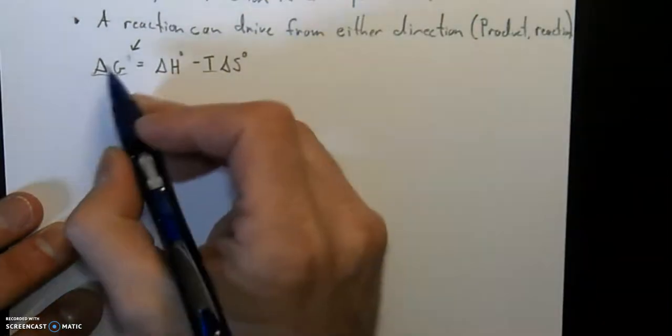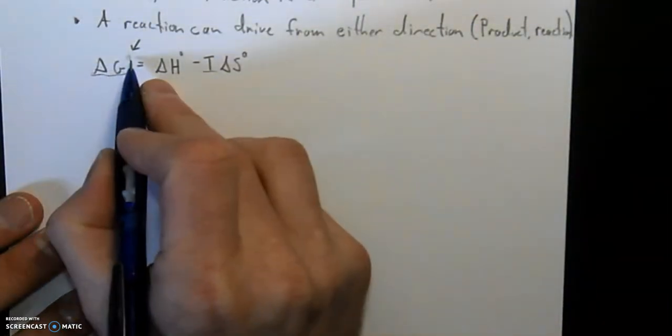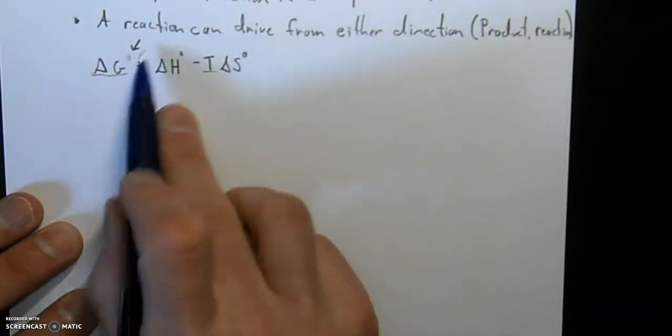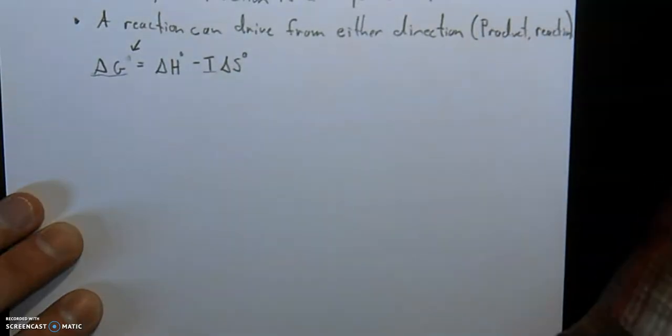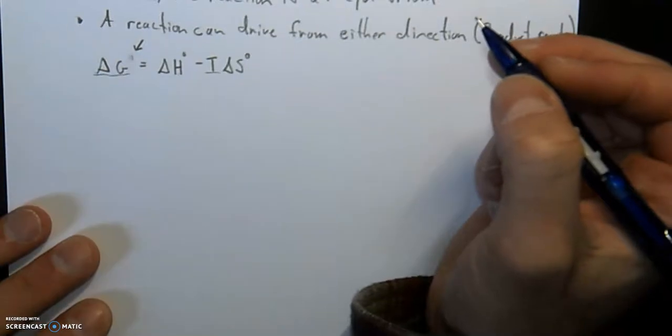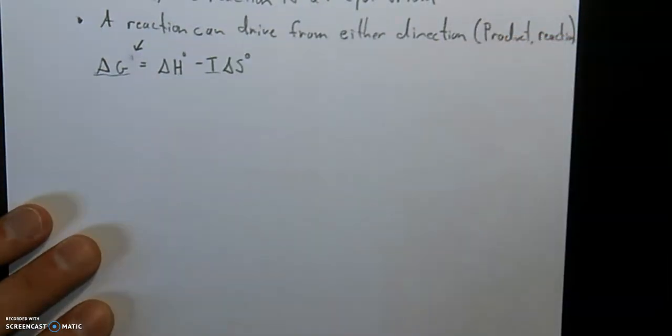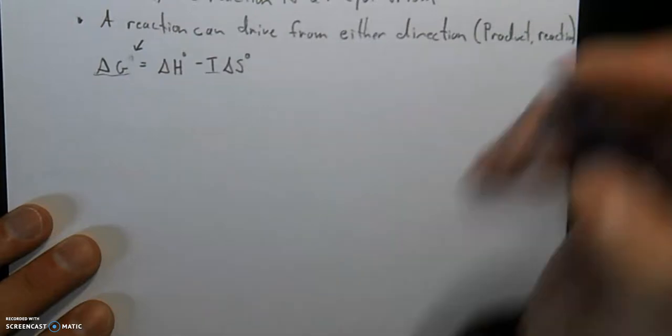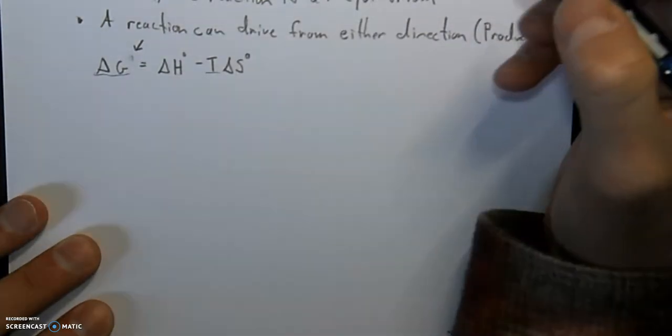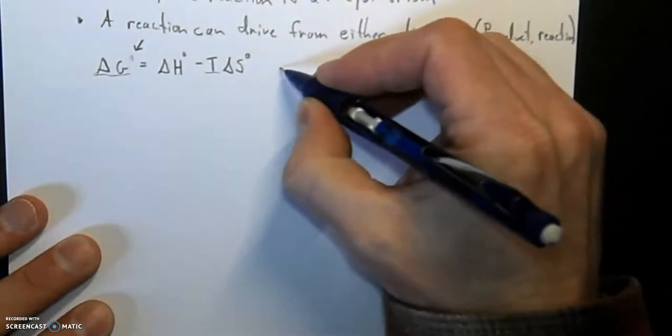So again, this is looking at spontaneity. And if we think about an enthalpy reaction, delta H, we would think about a reaction being spontaneous. And what kind of a value, positive or negative, would you think delta H would be if it's spontaneous?